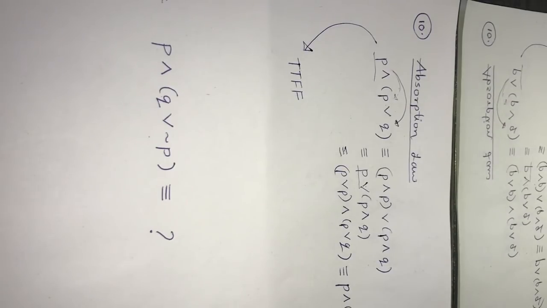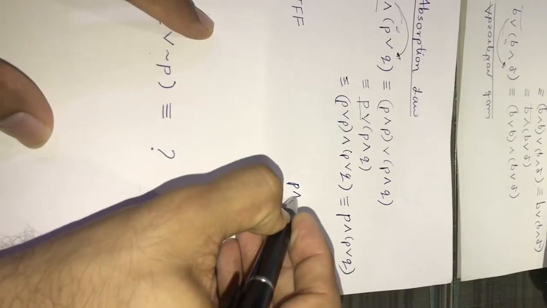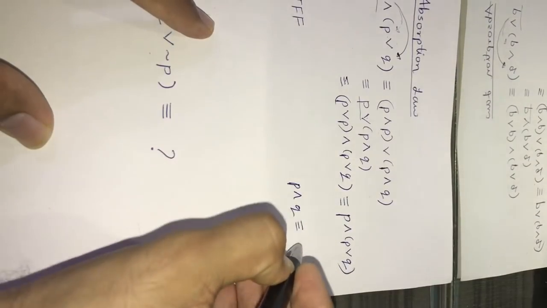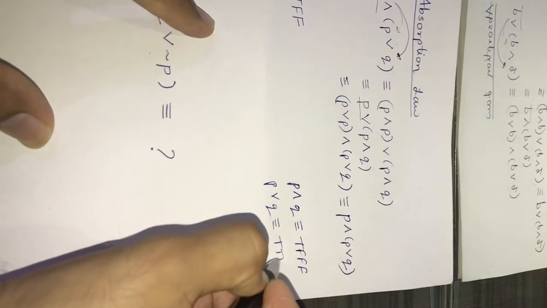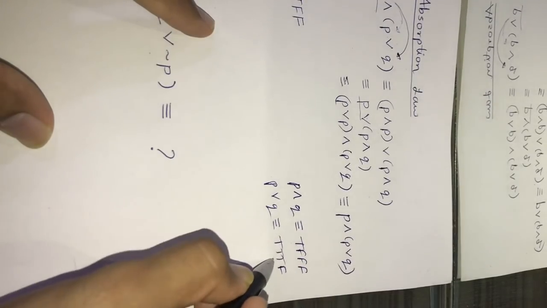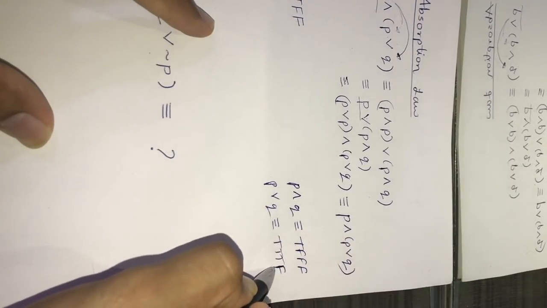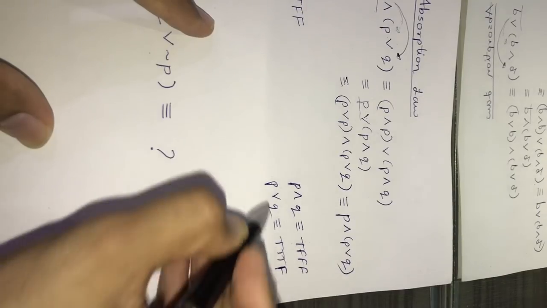So it is true, true, true, false. P and Q is true only when both are true, in all other cases false. P or Q, you can write as true for everything except the last one, where both are false.